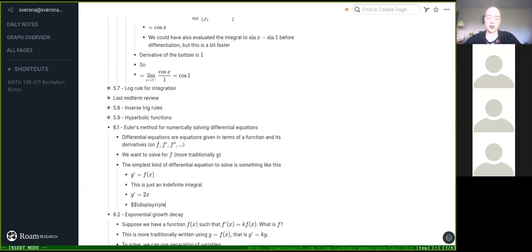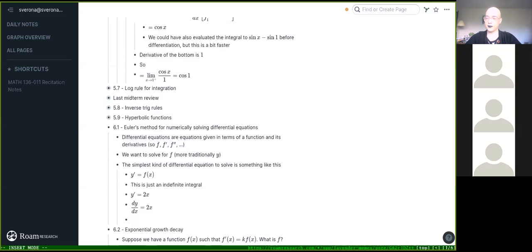So let me put a display style in here. Y prime is just dy over dx, right? Those are two different symbols that mean the same thing. So I'm going to say the differential dy is going to be equal to 2x dx.